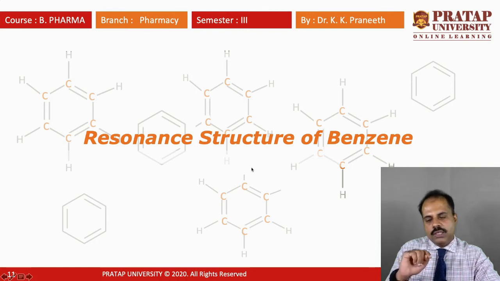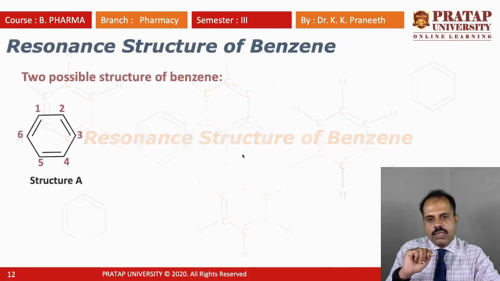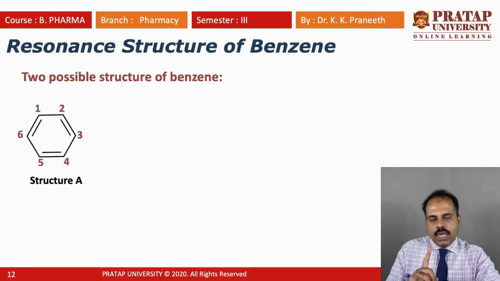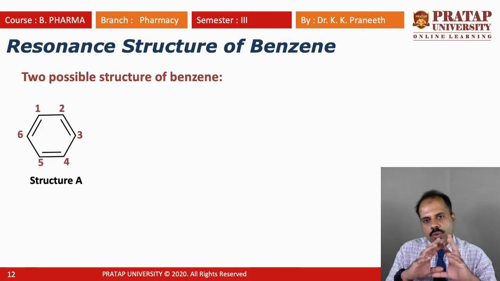What is the resonance structure? So we will understand what is meant by resonance. Let's first look at the structure of benzene. I told you previously that there are two types of structure possible for benzene, right?